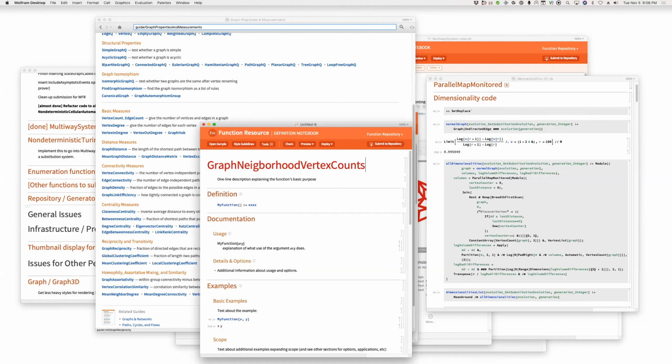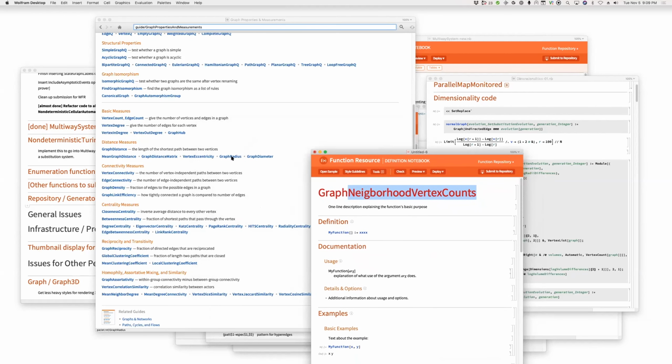Well, okay. Why not volume? We certainly have a lot of that here, right? So we've got graph diameter. So you're suggesting graph neighborhood volumes. That would be my suggestion. Seems sensible to me.